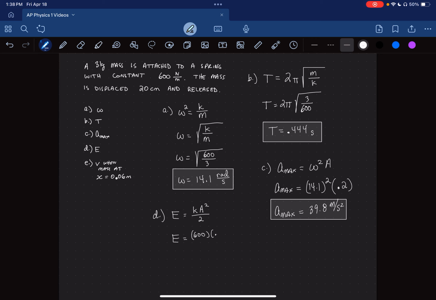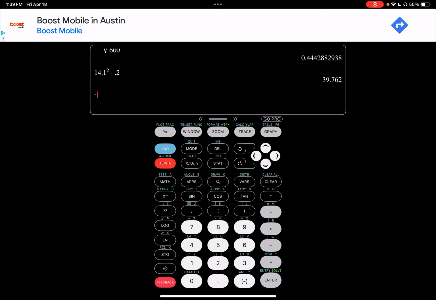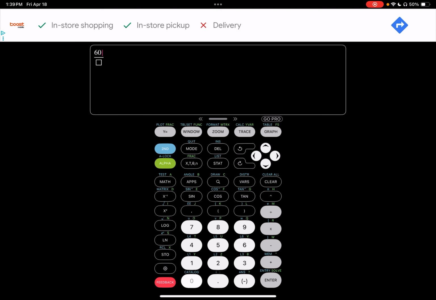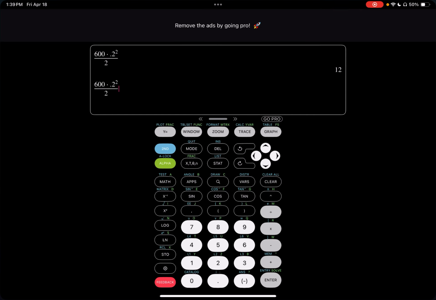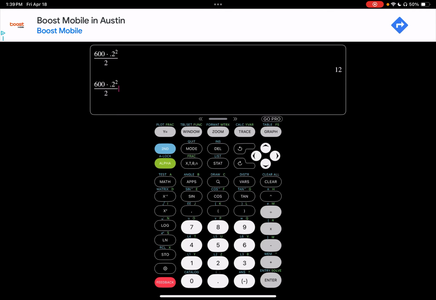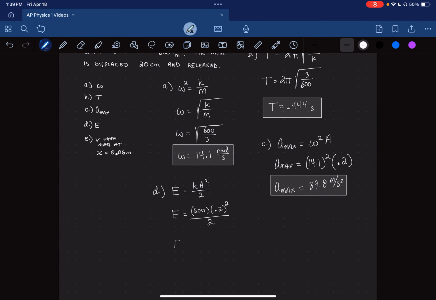The amplitude is 0.2 squared over 2. That's 12 joules.